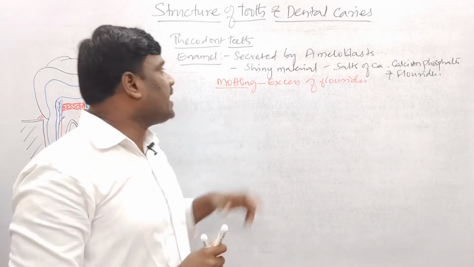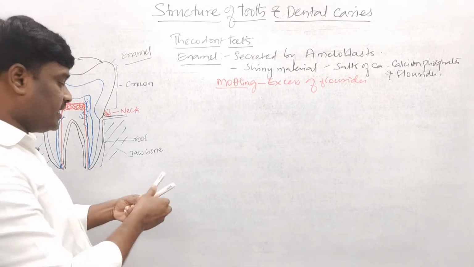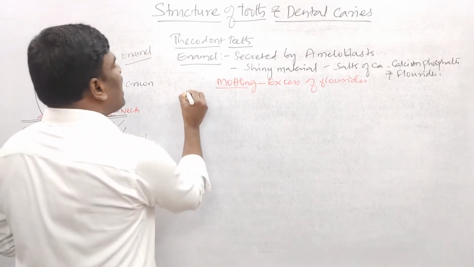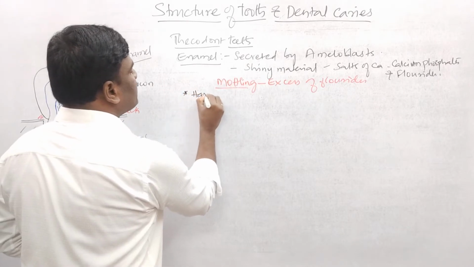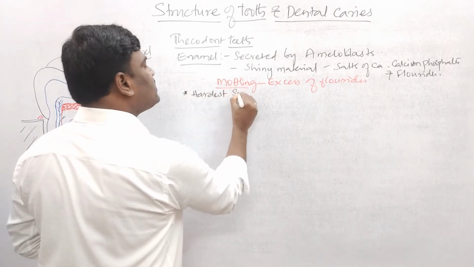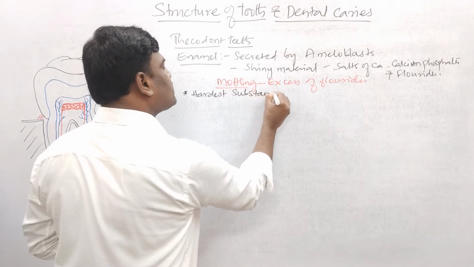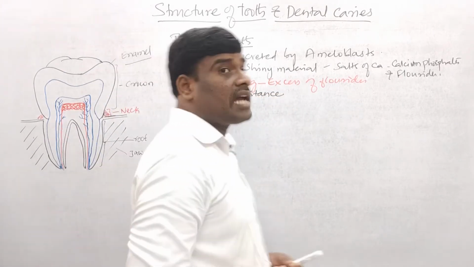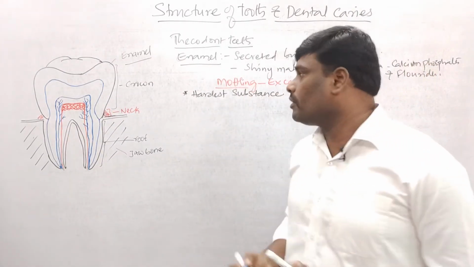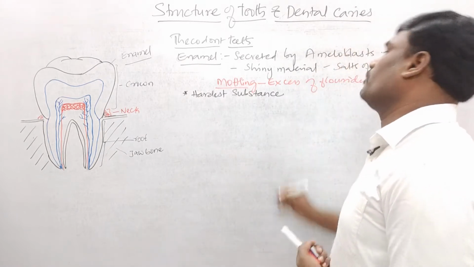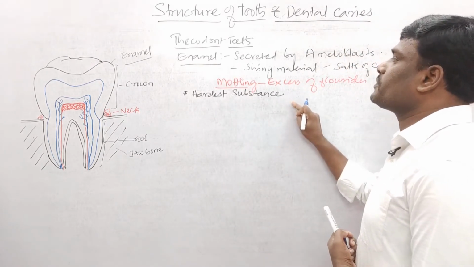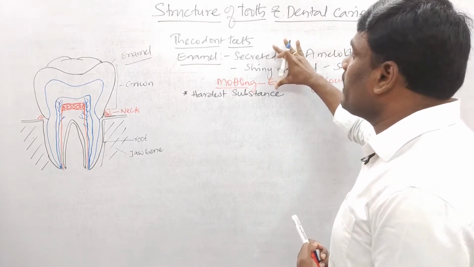Got it? And one more important thing, children, this is the hardest substance. This is very important, children, the hardest substance. It is harder than bone also. This is about enamel, children.